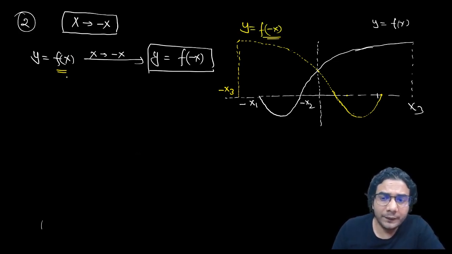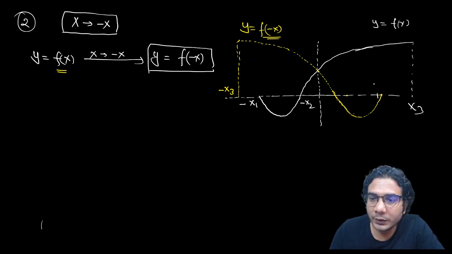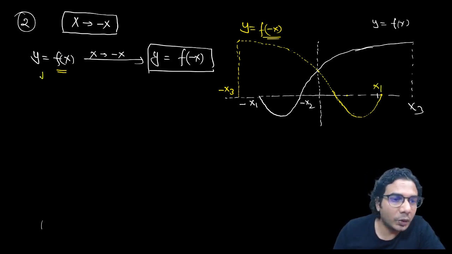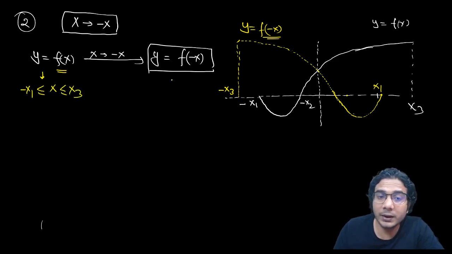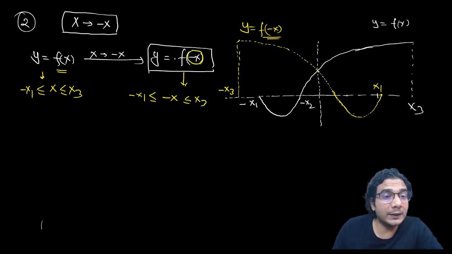If you see this point, it is plus x1 now, right? The domain of this was x between minus x1 and x3. Here also, to find the new domain of this function, you need minus x to be between minus x1 and x3.